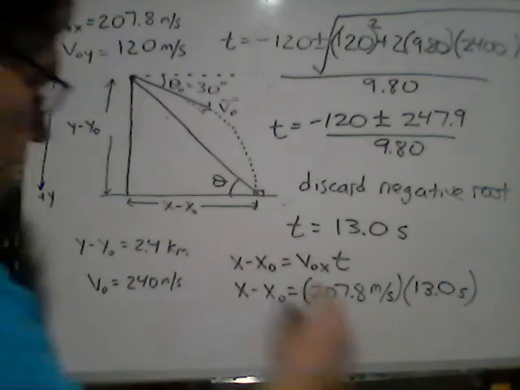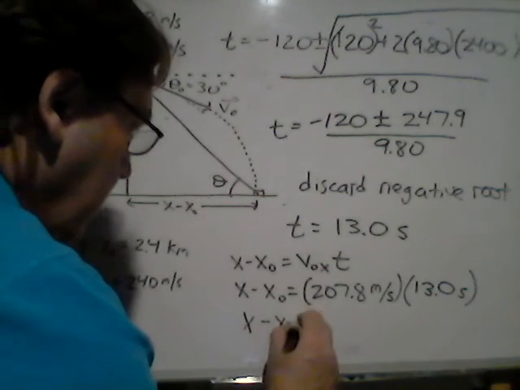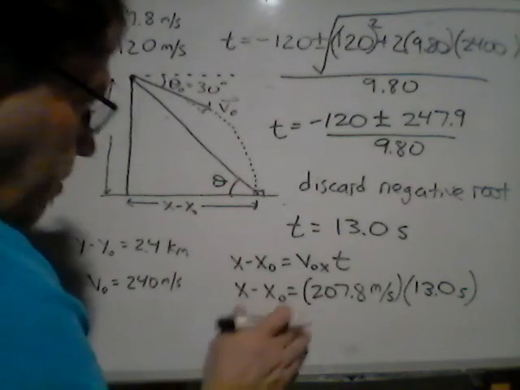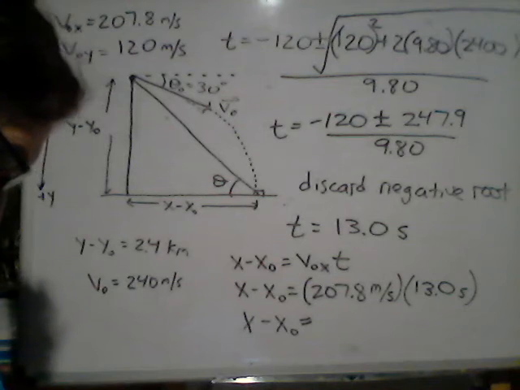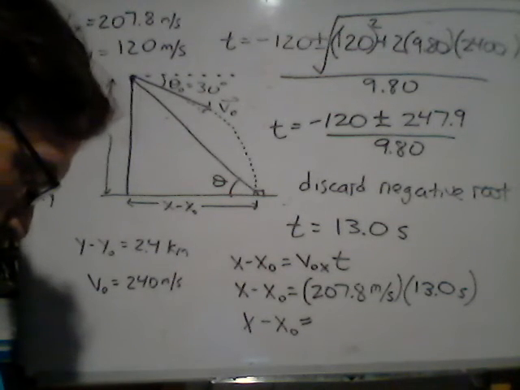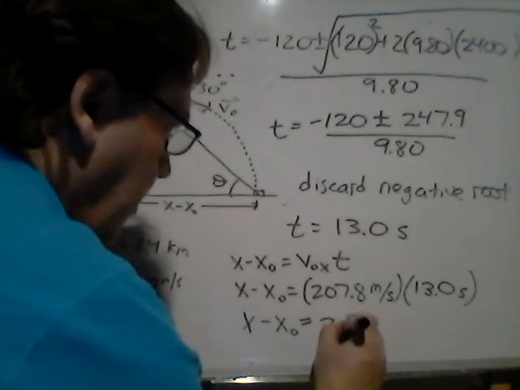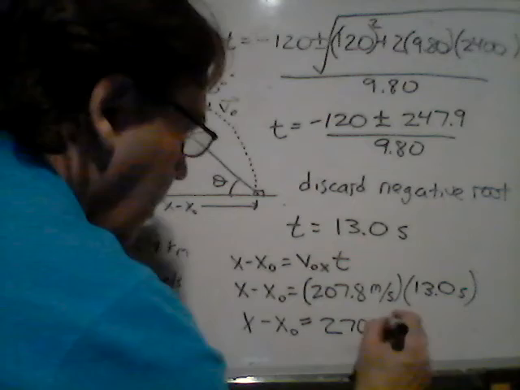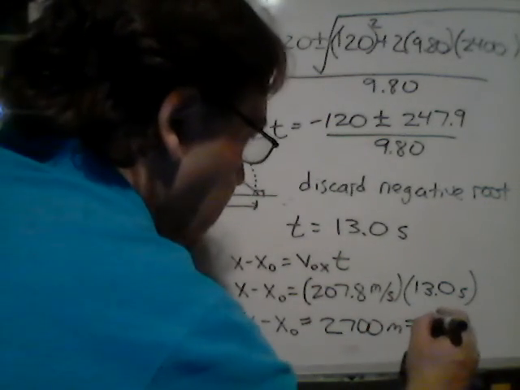Okay, and we find out that x minus x naught is equal to 2,700 meters. Or another way of saying it, 2.7 kilometers.